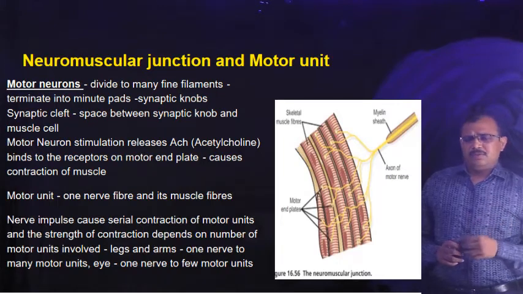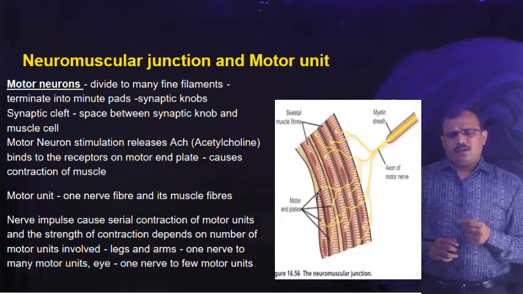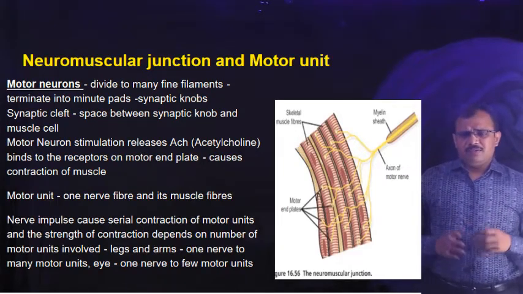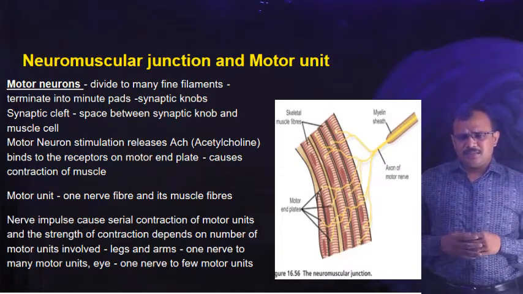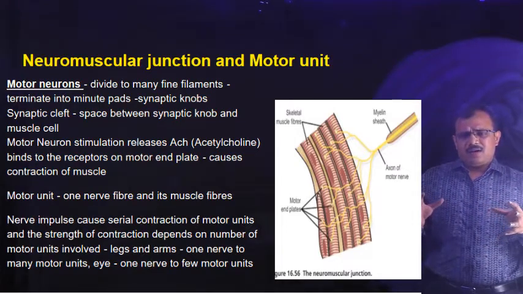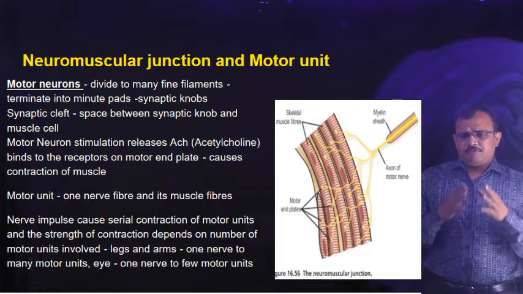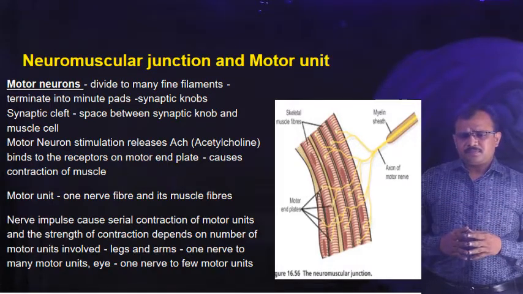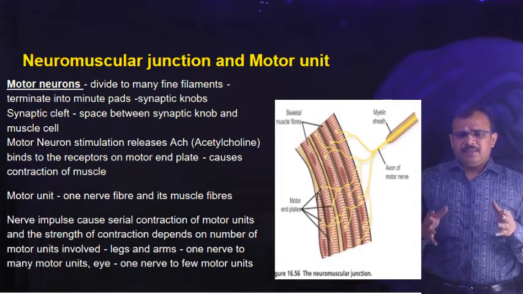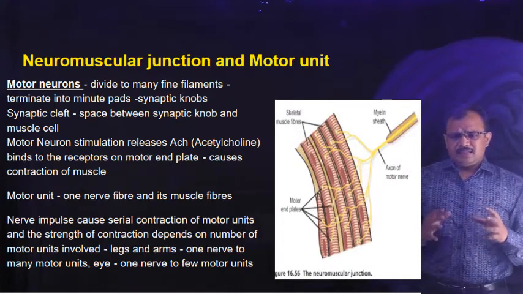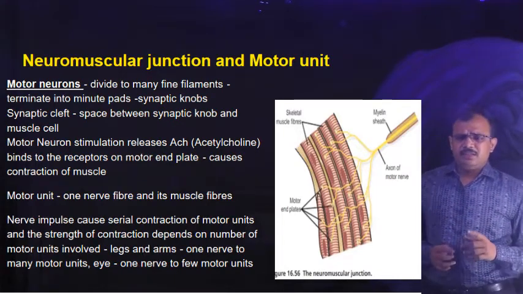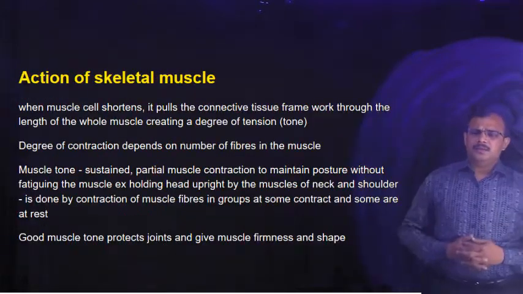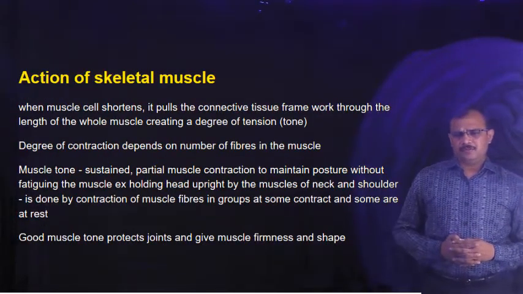For example, an axon of a somatic nerve will have many axonal terminals, and all the axonal terminals of one axon are supplied to many muscle cells, and together this is called one motor unit.